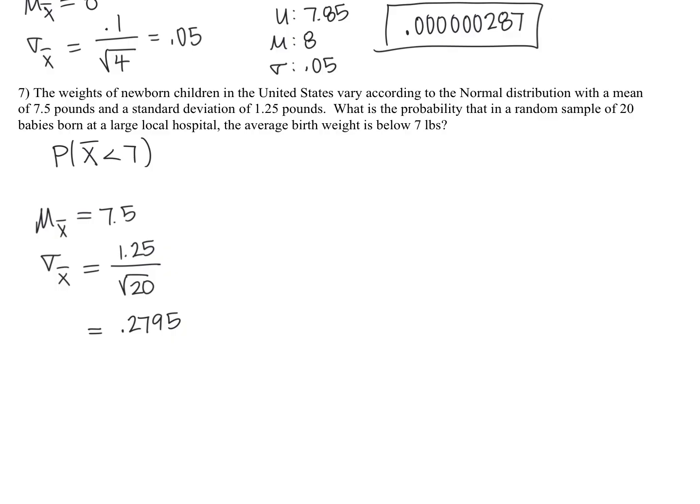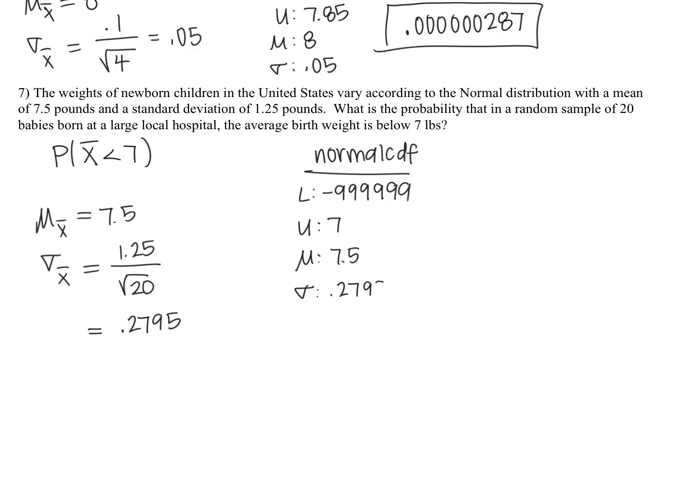So in this case, 0.2795 is obviously less than 1, so I'm going to keep 4 decimal places for my probability. So normal CDF, lower bound is going to be our negative 1E99, upper bound 7, mean 7.5, standard deviation 0.2795. And that's going to result in a probability of 0.0368.